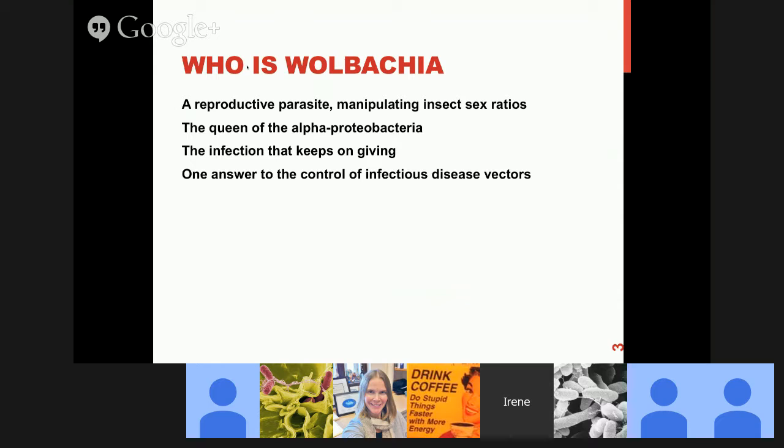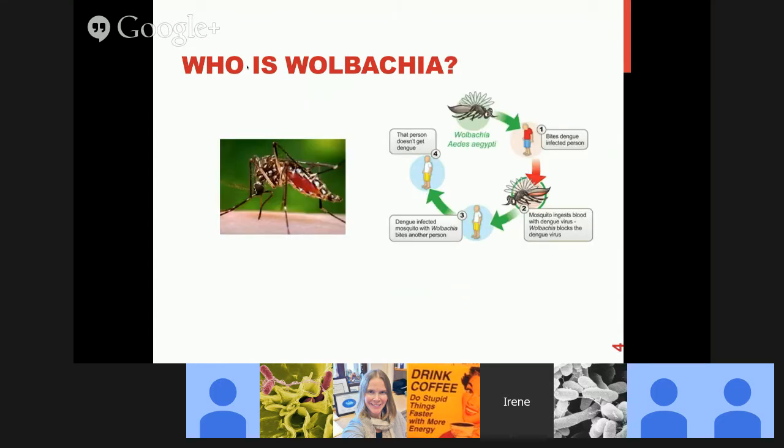So recently, maybe it's not so recent now, back in 2008, it was published that Wolbachia-infected insects actually prevent the replication of RNA viruses. So let me explain a little bit about how this would work. So let's say we have our mosquito vector, our Aedes aegypti here, and what people are doing is infecting it with Wolbachia.